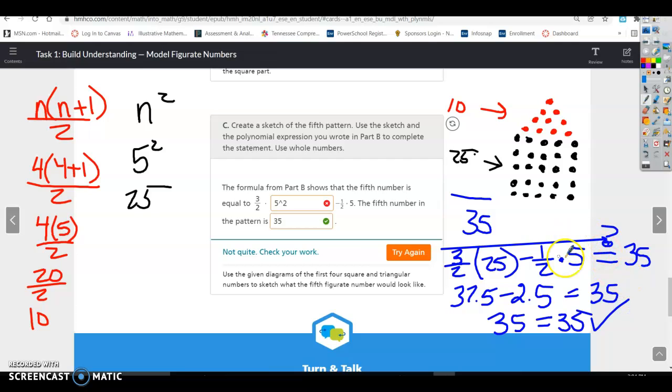Okay, so my math is correct. This should be correct. I'm not sure why they've got that marked incorrect. I don't know how they want that, but that should be correct. So it's either going to be 5 squared or 25 in this blank here. All right, that's all for task 1. If you have any questions, let me know.